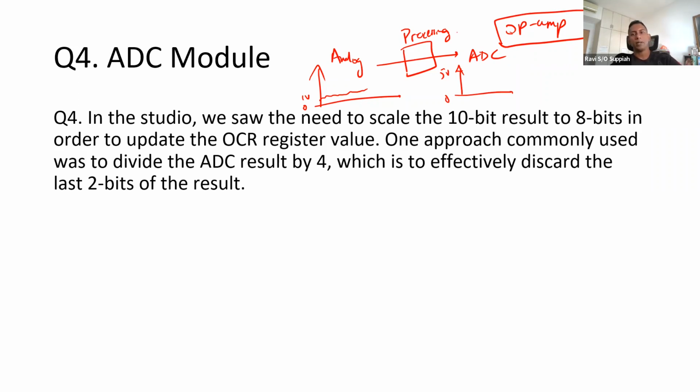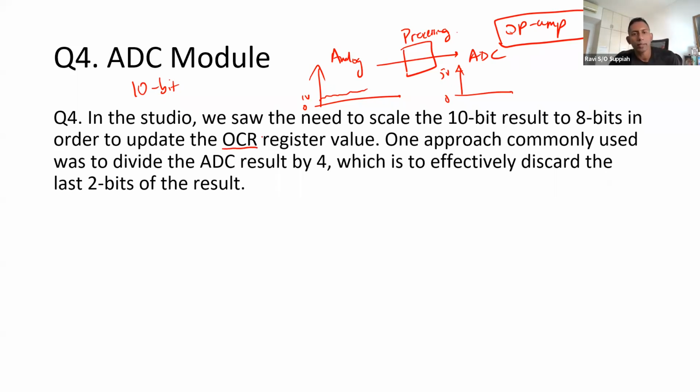Now in terms of A to D conversion, we have a 10-bit ADC module within the ATmega328P. And we know that most of the registers that we use are 8-bit. So when we wanted to update the OCR register value, we had to scale it down.